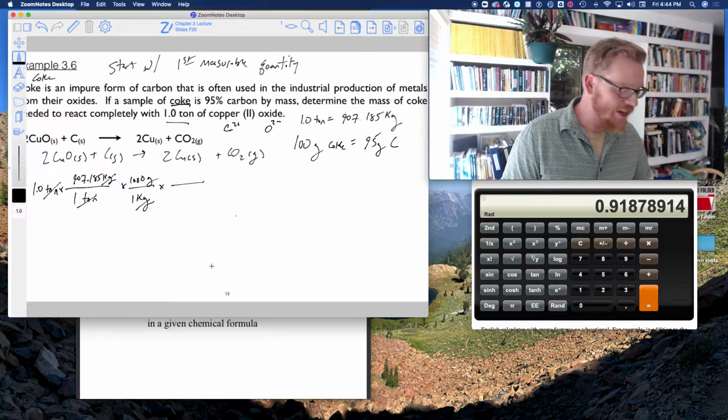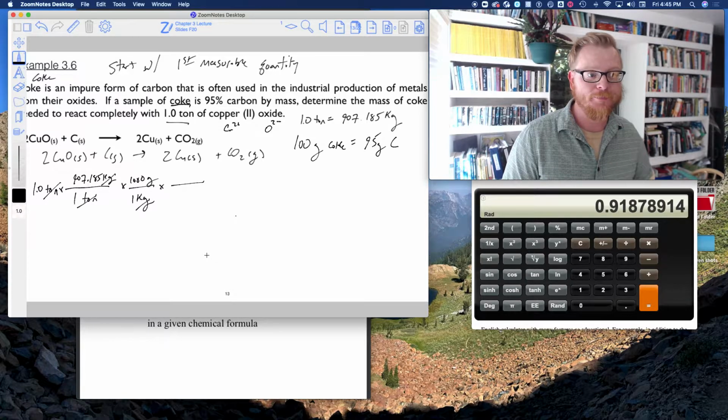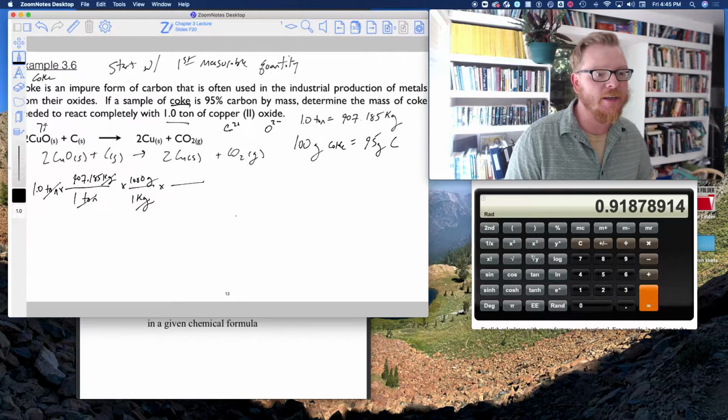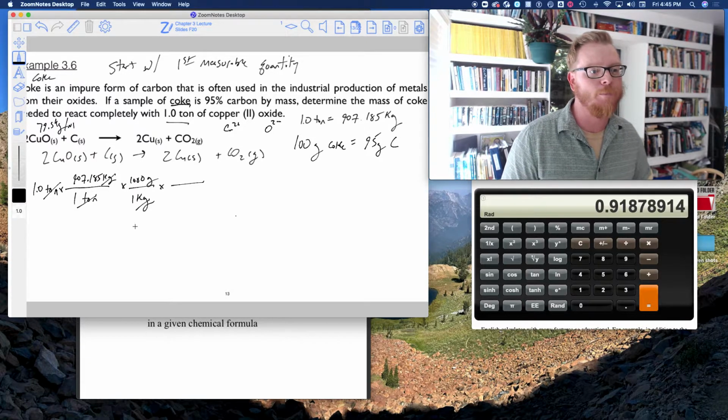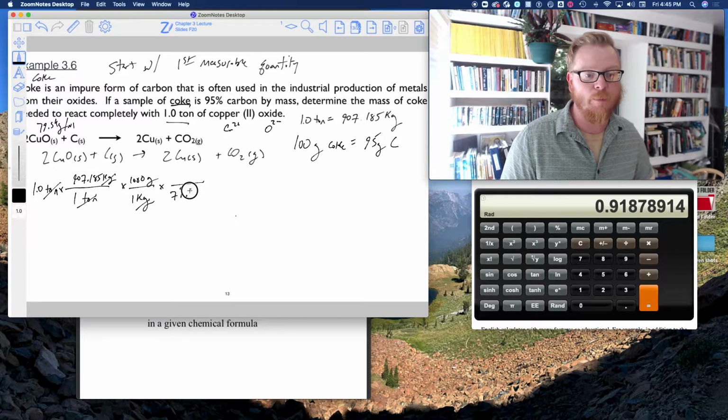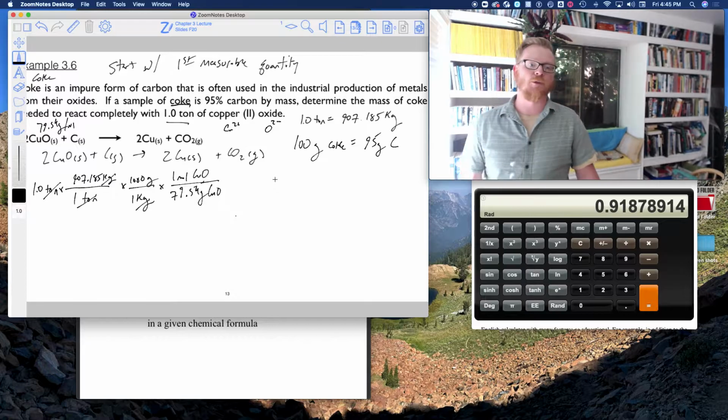And so when you go and calculate the molar mass of copper 2 oxide, it's 79.54 grams per mole. So I've got grams on the top, so when I go down, I need to put grams on the bottom. 79.54 grams of copper 2 oxide is 1 mole of copper 2 oxide.